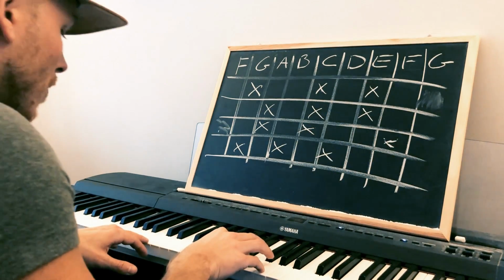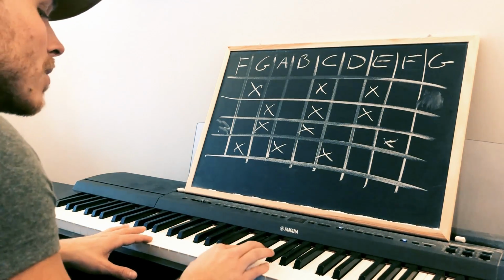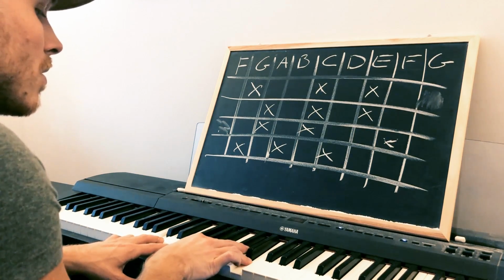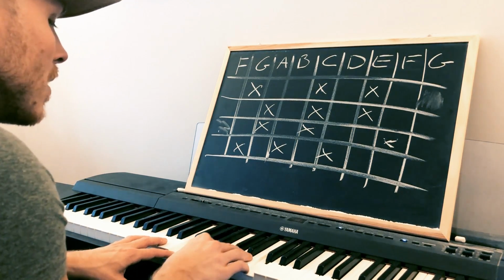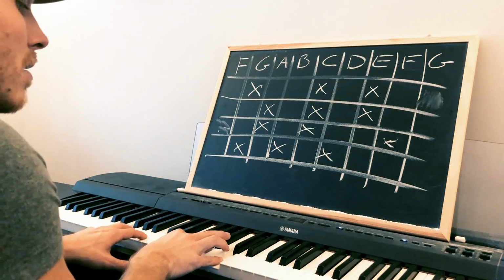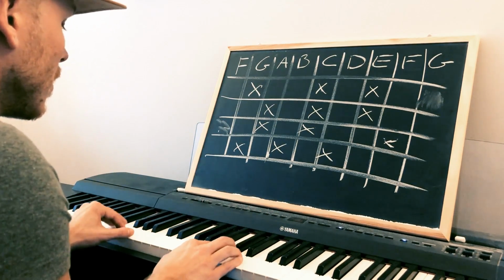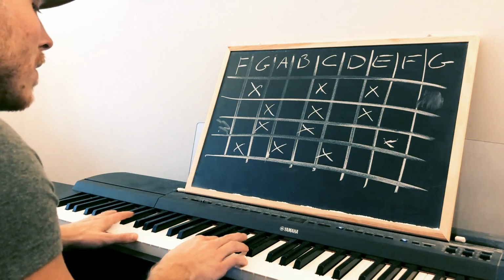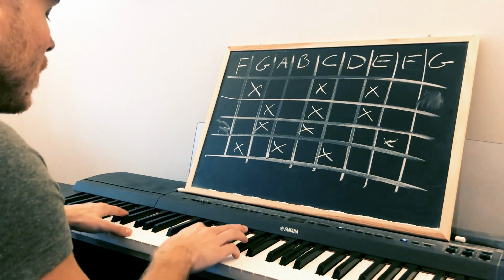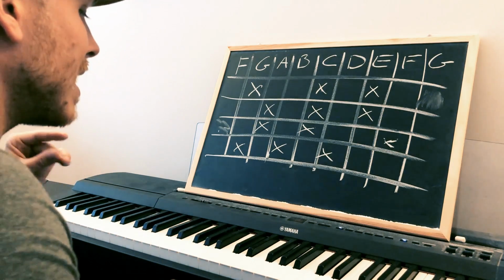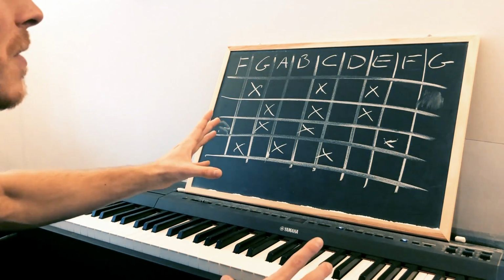So instead of going from here to there, I'm now going from here to there, okay? Which you can hear that it's different. So if I play it like this, okay, it's already a bit more together, and that's what we do with these inversions.